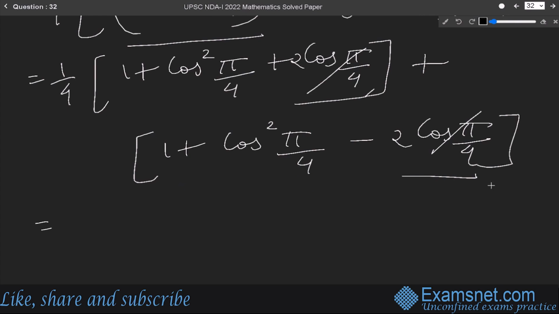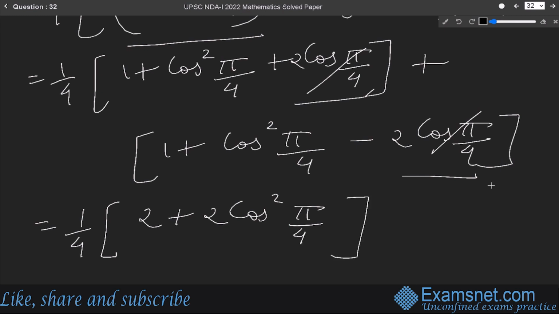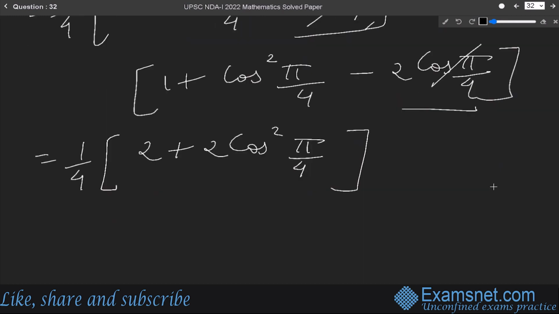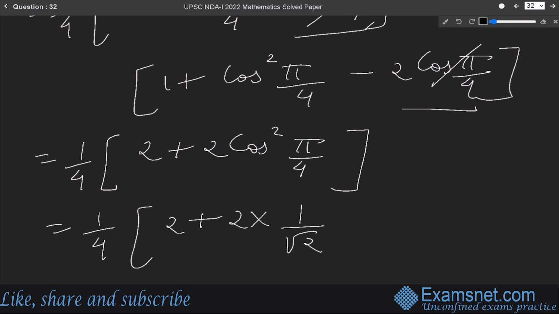Now the remaining terms will be 1 by 4 into (2 plus 2 cos square pi by 4). Further solving it, we get 1 by 4 into (2 plus 2 into (1 by root 2) whole square), because we know that the value of cos pi by 4 is 1 by root 2.